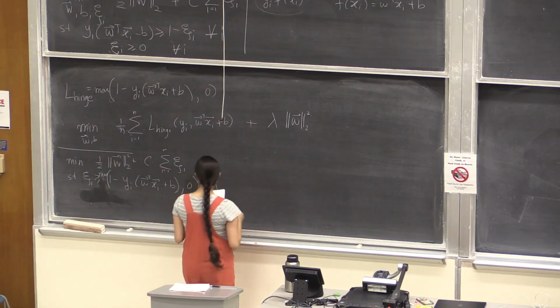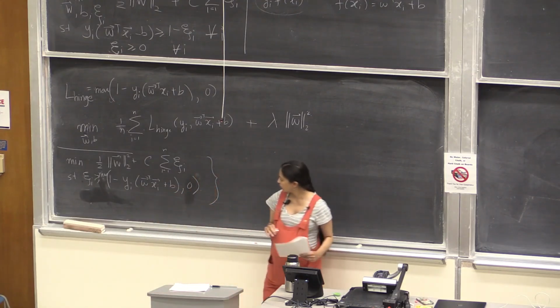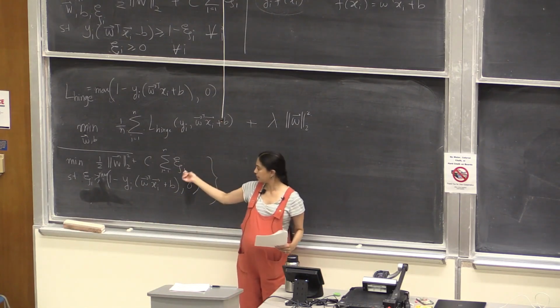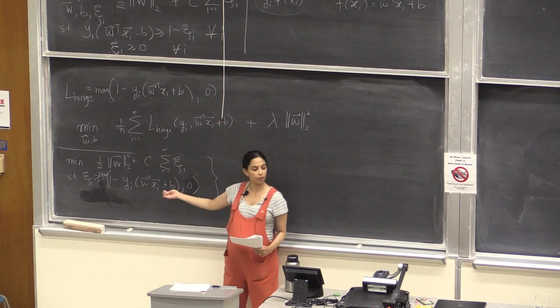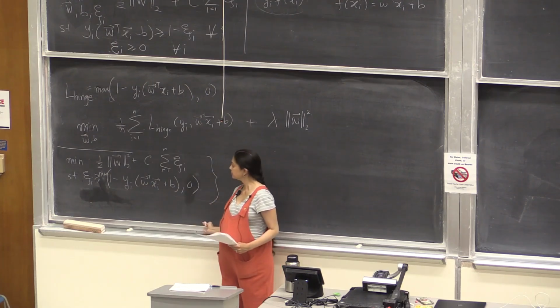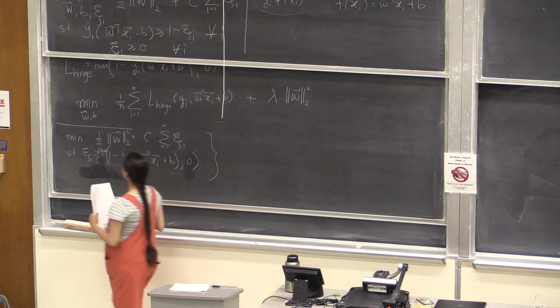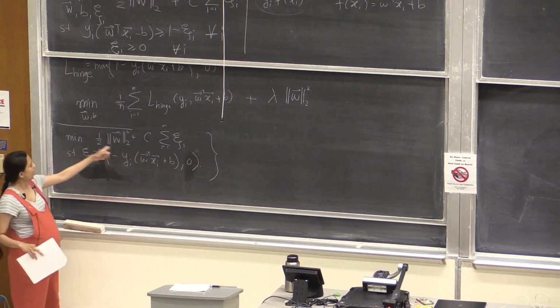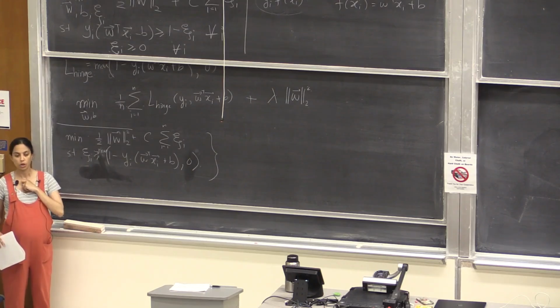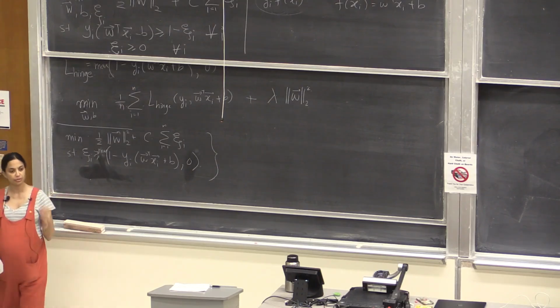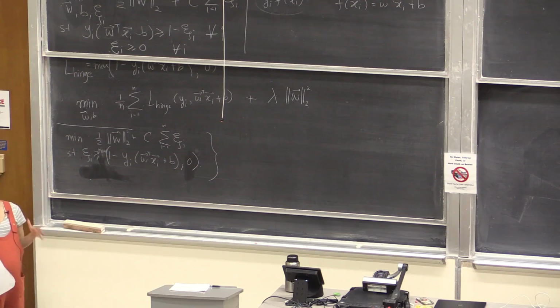And now, if I further think about this, what do I have here? I have basically a lower bound on this psi I. And I'm trying to minimize this quantity, right? So at optimality, just the same way we've been making arguments for all of our slack variables, what is the value of psi I going to be equal to?